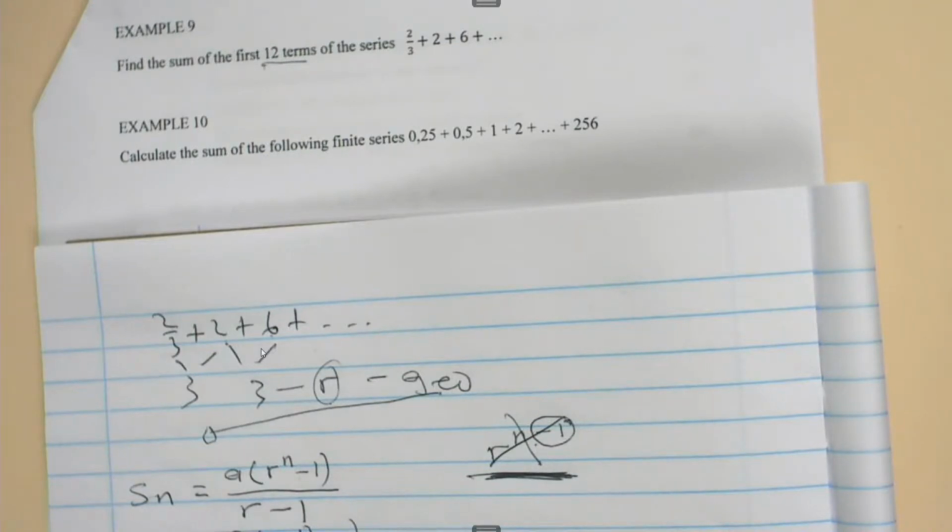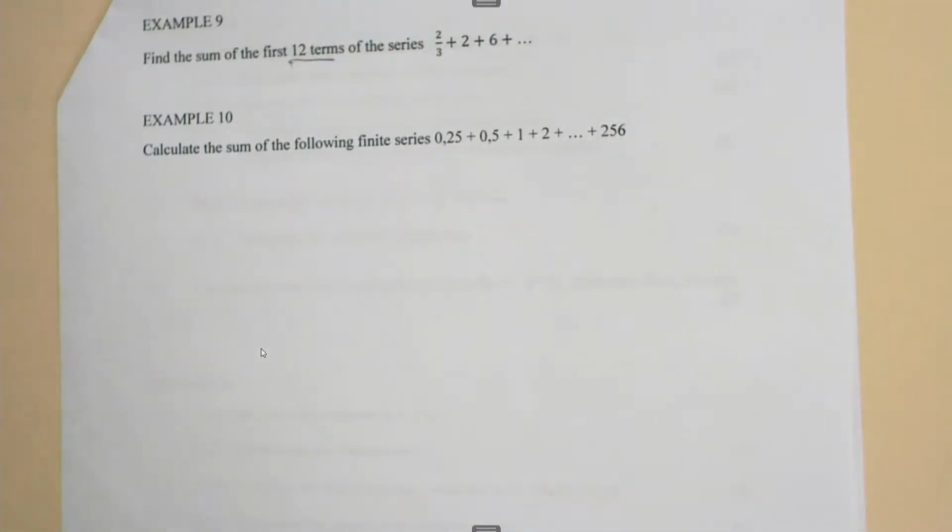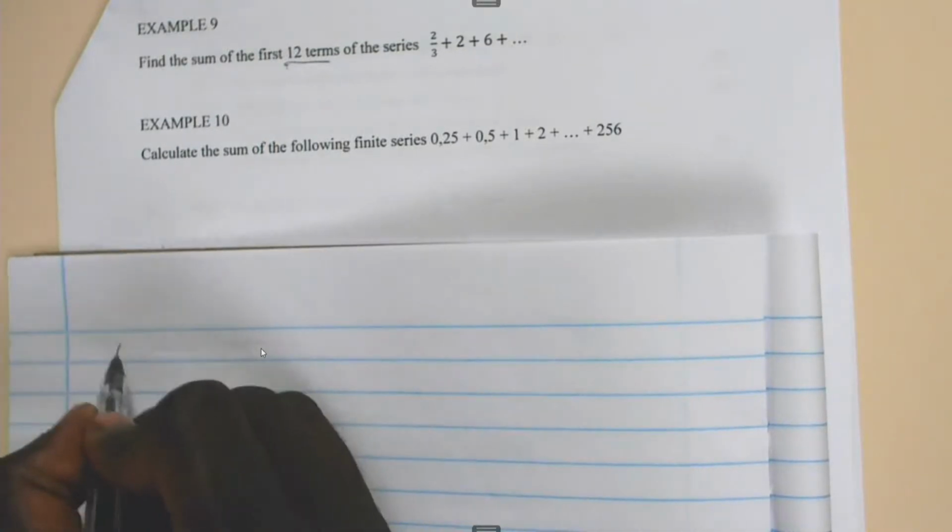We are required to find the sum of that series. Remember, you cannot find the sum if you don't know the number of terms involved in that series, so first we need the number of terms.